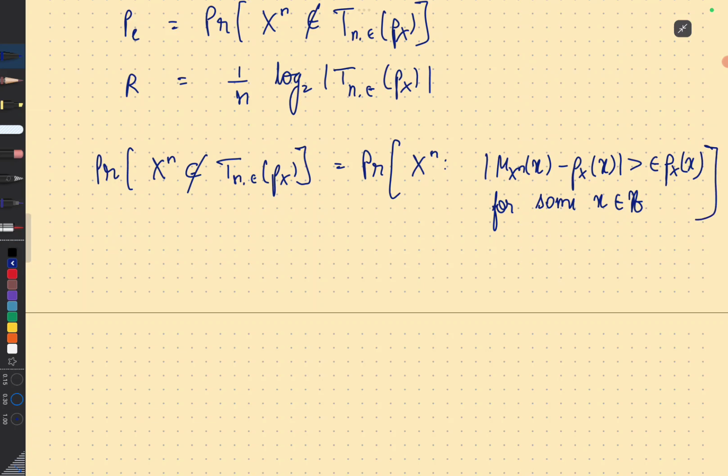Do you agree with this part? Any questions? Great.